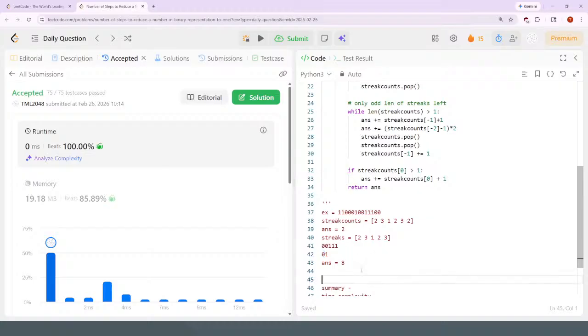But now the streaks is now actually 2, 3, 2, because what that means is it moves this right side to have another 1 next to this 1.